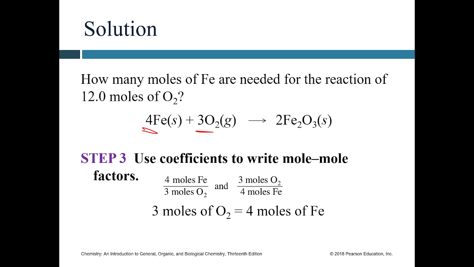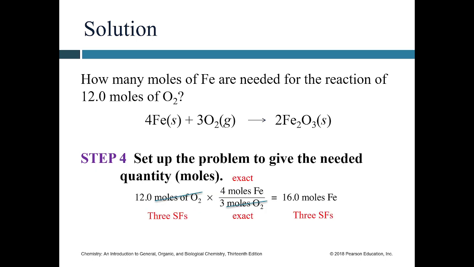We need to get rid of the oxygen, so we're going to use that one right there, and we're going into moles of iron. So we take the 12 moles of oxygen and multiply it by 4 moles of iron over 3 moles of O2, and that's going to give us the 16 moles of Fe.